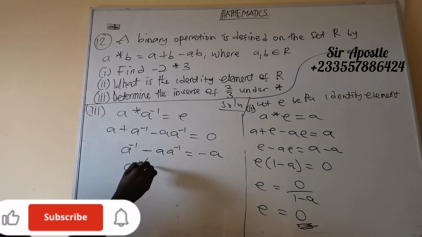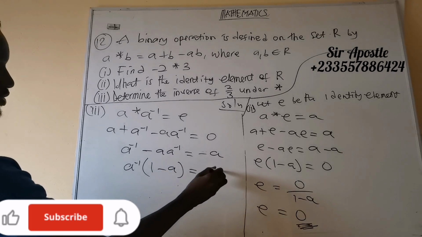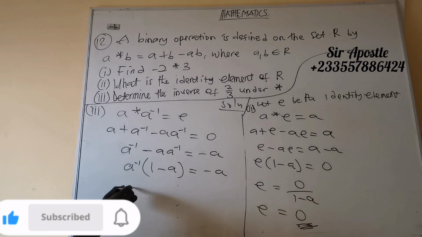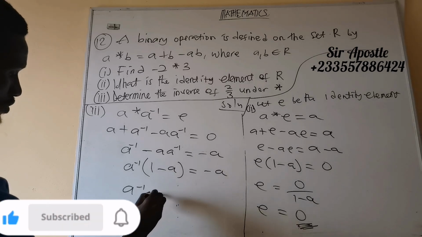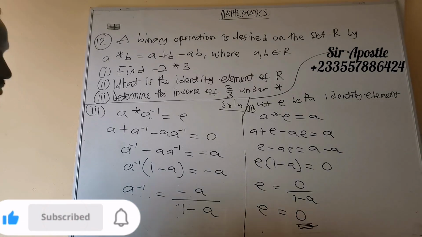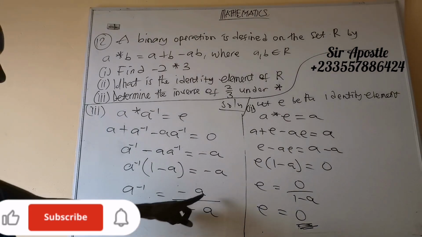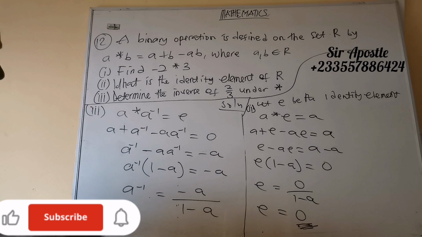This one will cancel 1, I'm going to get 1. This one will cancel, I'm going to get A, is equal to minus A. The next thing is to divide both sides by 1 minus A. Now the inverse of A is given as this.